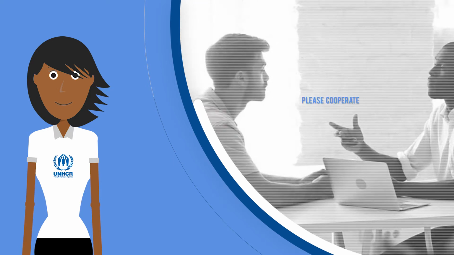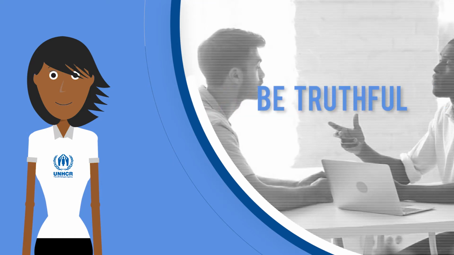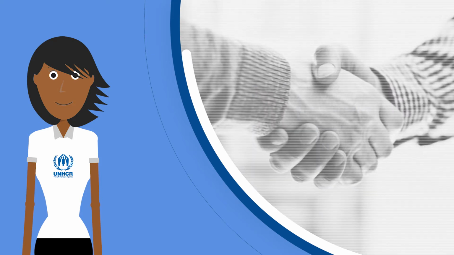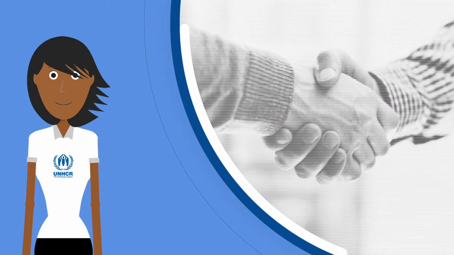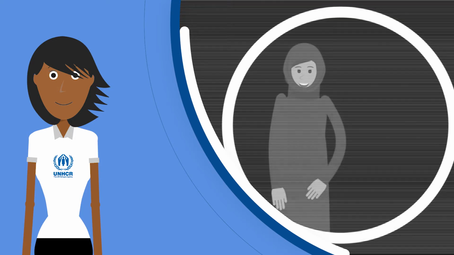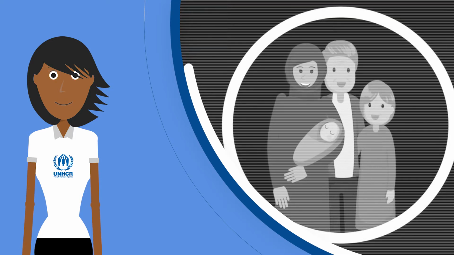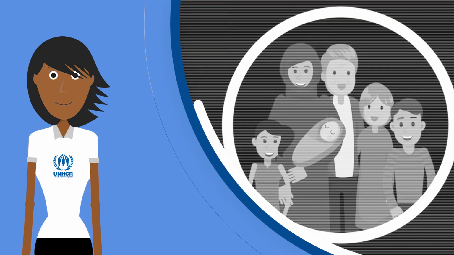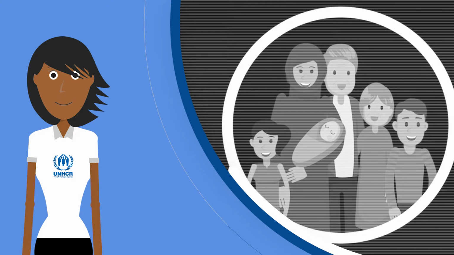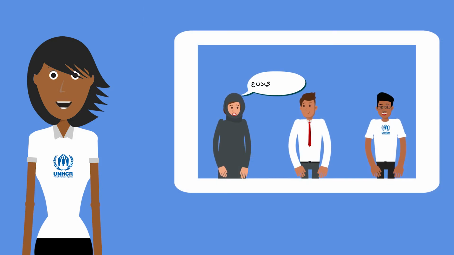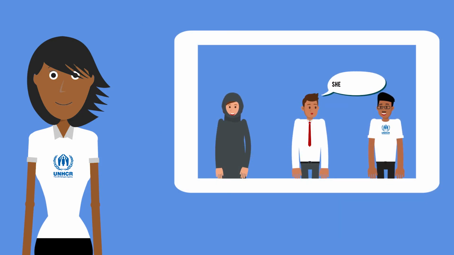You are also required to be cooperative and truthful in the information you provide. You must also inform UNHCR about all your family members accompanying you. Any adult family members must also register individually and will go through their own interview process. If you are unable to speak English, you can request your interview to be conducted in the language of your choice.